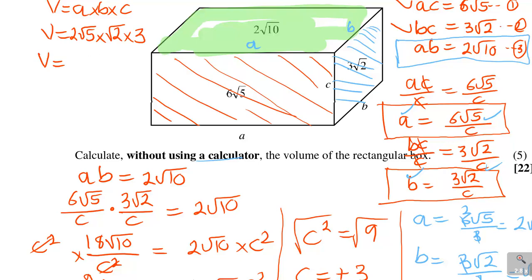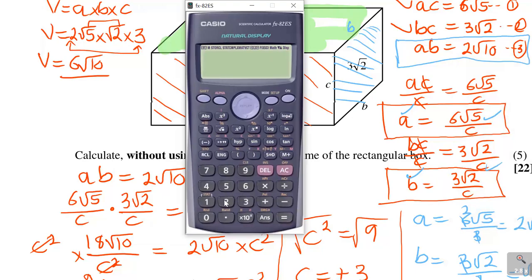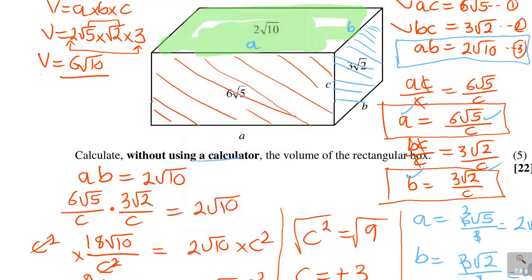Now 5 times 2, 2 times 3, this multiplies only, which is 6, and these two also multiply inside, which is root 10. But you can use a calculator and they won't even penalize you for that. You can actually say 2 times root 5 times root 2 times 3, which is 6 root 10. So the answer there was 6 root 10.